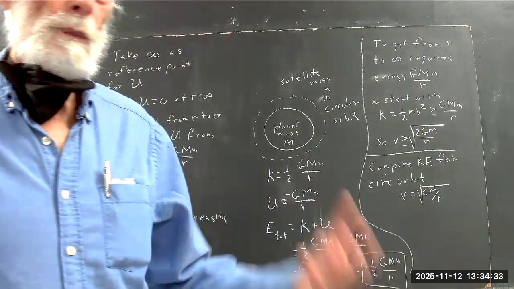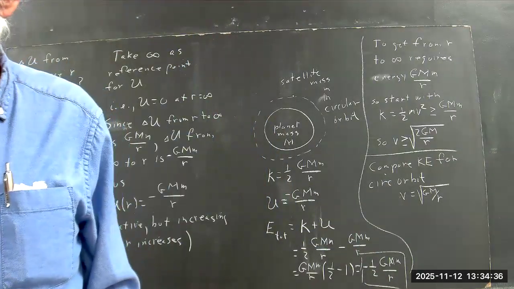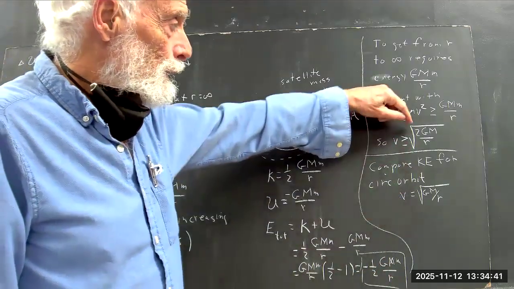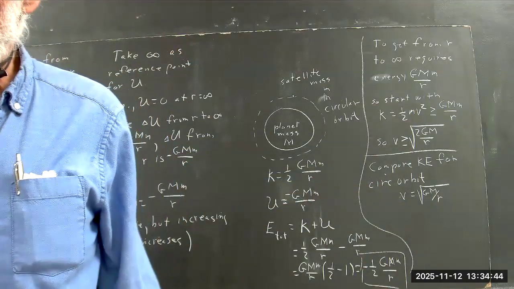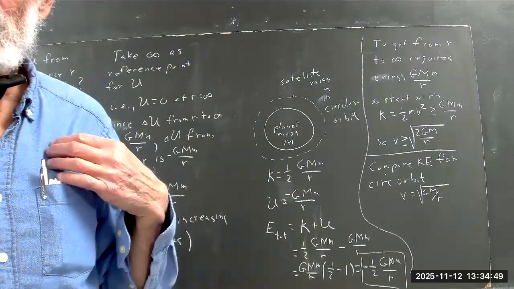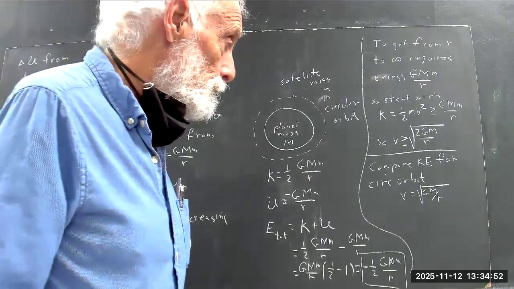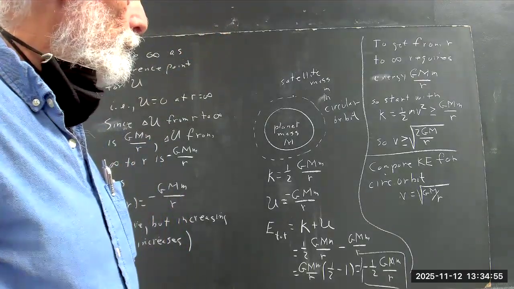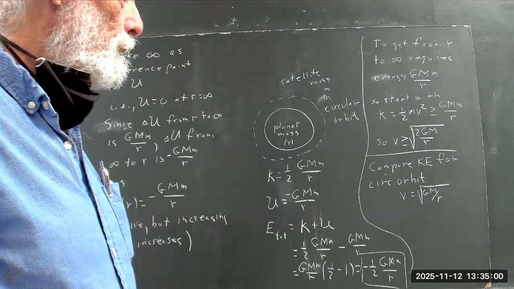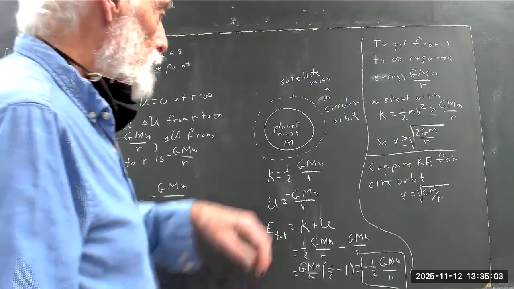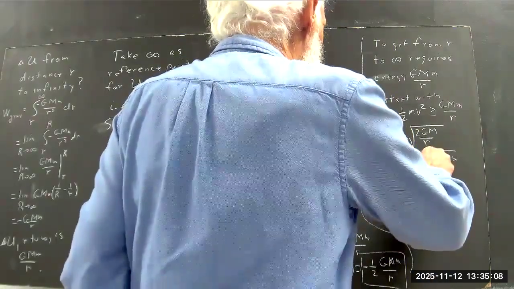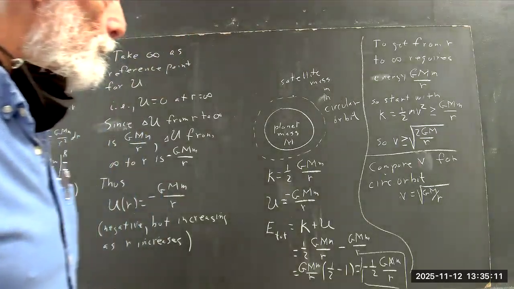So to get away, we only have to reach a velocity that's the square root of 2 times orbital velocity. Sometimes we could look at it in terms of that. And I said compare kinetic energy for circular orbit. I mean, compare velocity v for circular orbit.